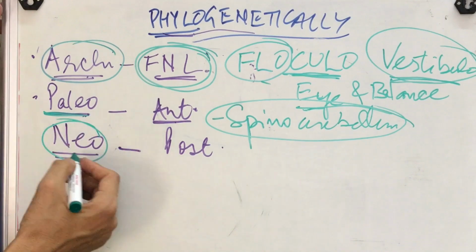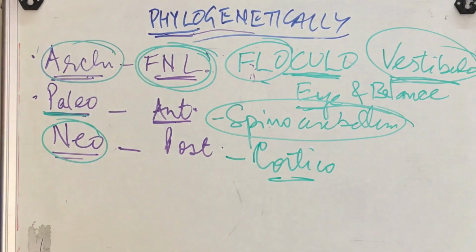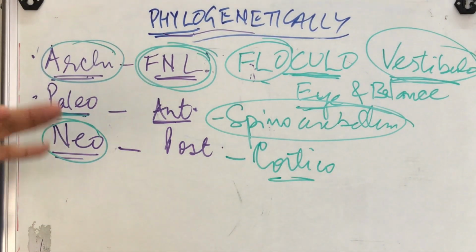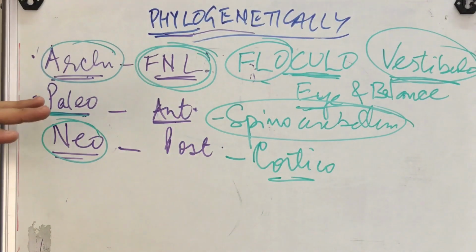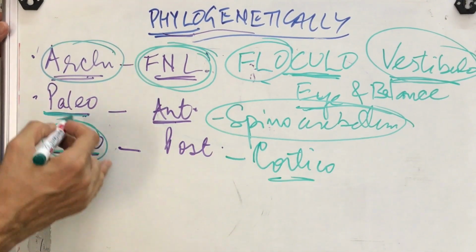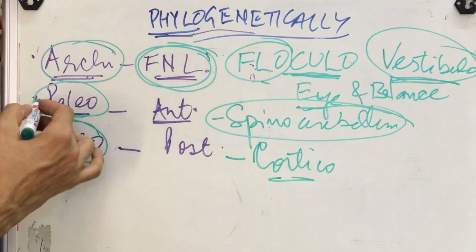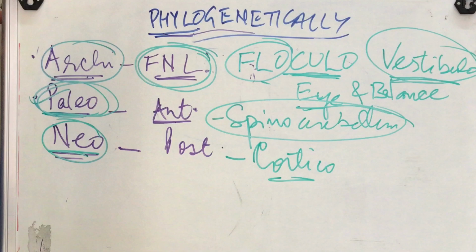The third one is the neocerebellum, functionally called the corticocerebellum, as in cortex. This part is majorly concerned with planning. It's not exclusive planning by the neo, but the major function of the paleo is to fine tune the axial and paraxial fine movements. Neo is concerned with thinking, and archi is concerned with eye movement and balance maintenance.